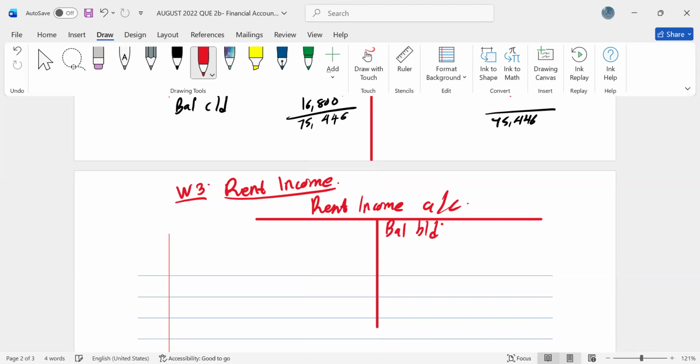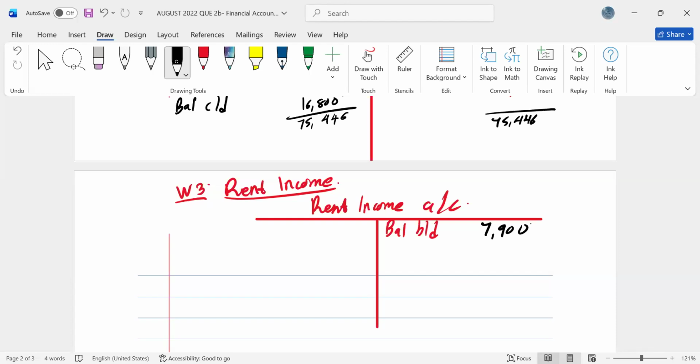In year 2020, how much was it? Was it 7,900? Yes, 7,900. Now, this income, remember that we also have what was received in the bank, what was received according to note number 1.